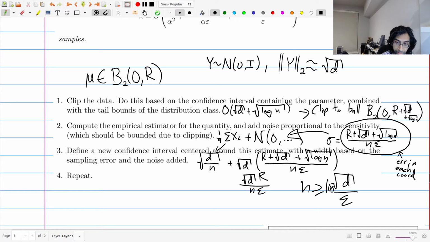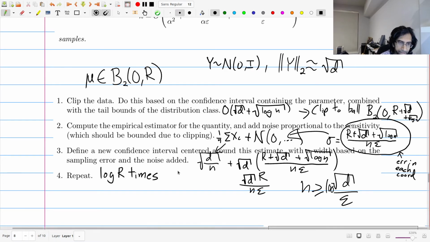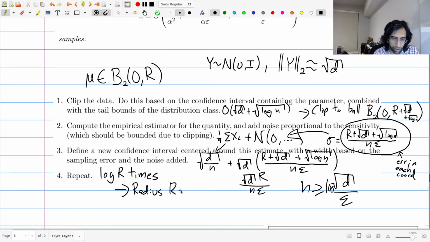And the idea is simply as before, we can repeat this log r times. If we repeat it log r times, then we're going to be down to a ball of significantly small radius, and we can just use a naive approach. This will get us down to a ball of radius r equals O tilde of square root d.